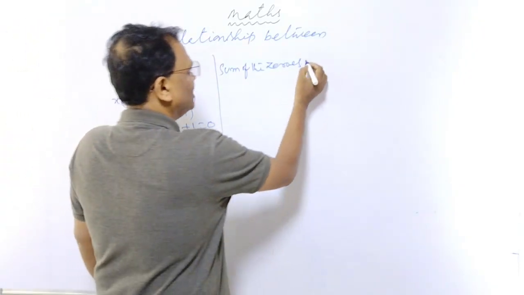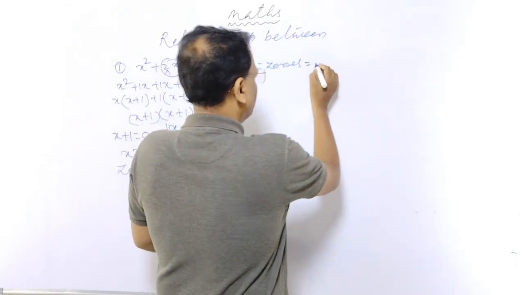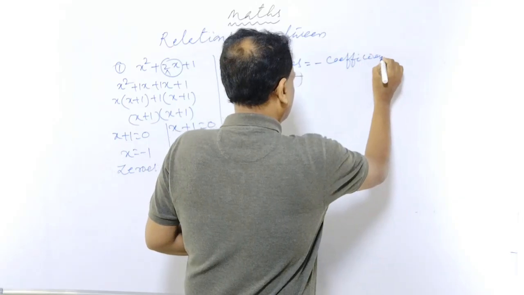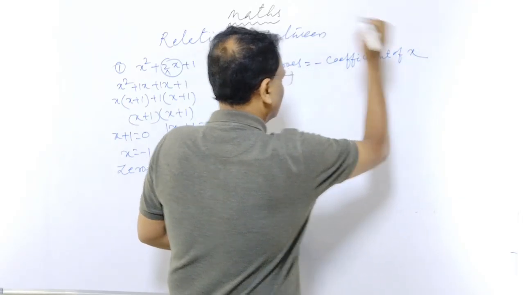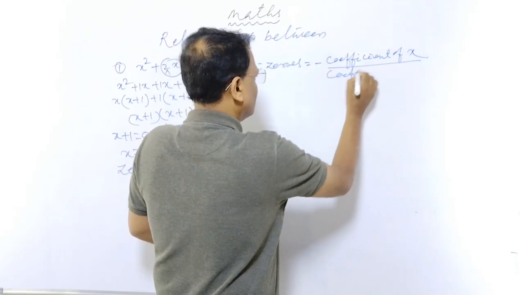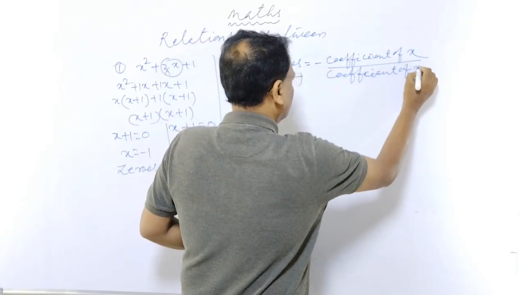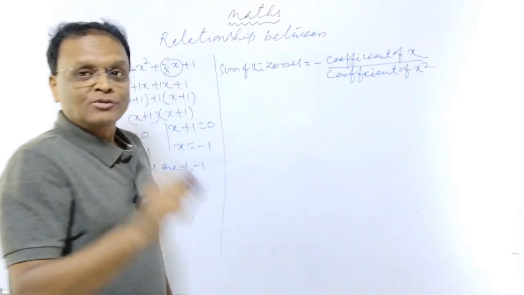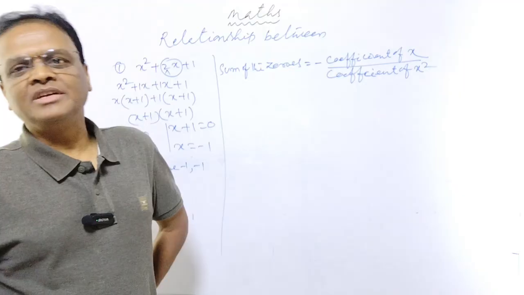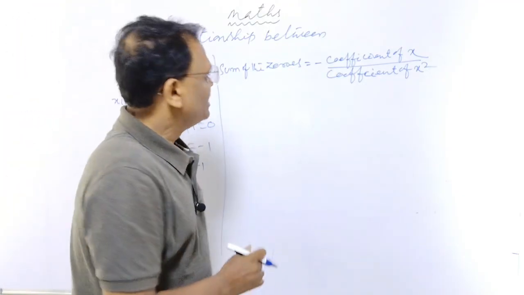Immediately write the formula: minus coefficient of x divided by coefficient of x square. Sum of the zeros is equal to minus coefficient of x by coefficient of x square. You have to remember this one.